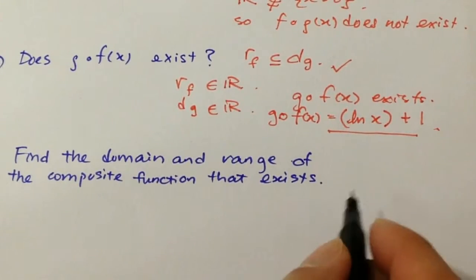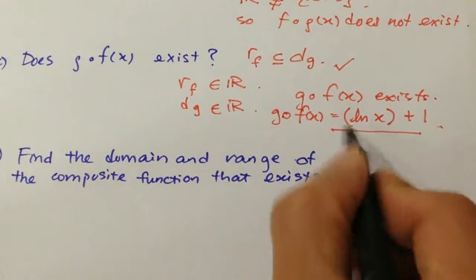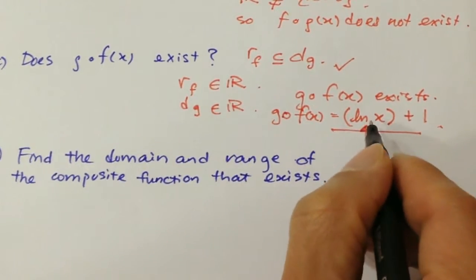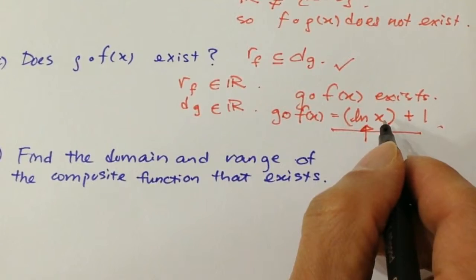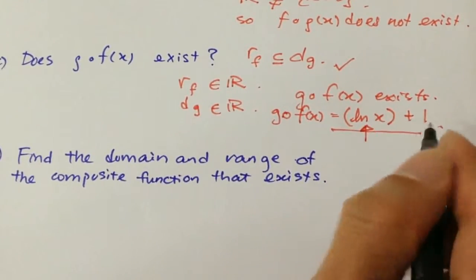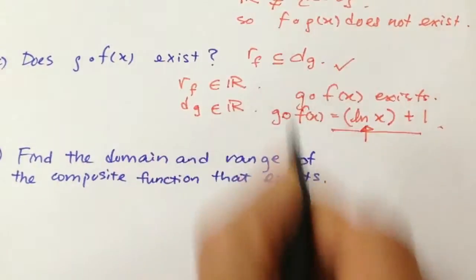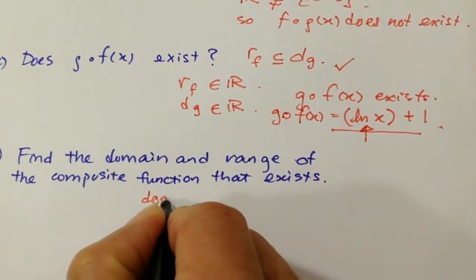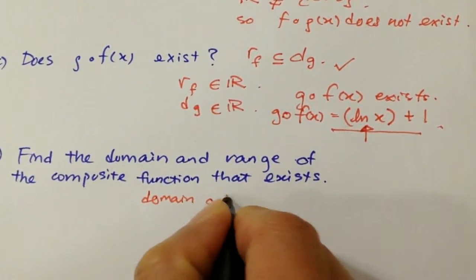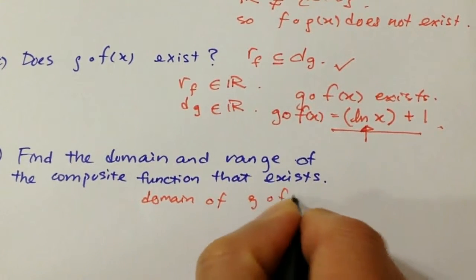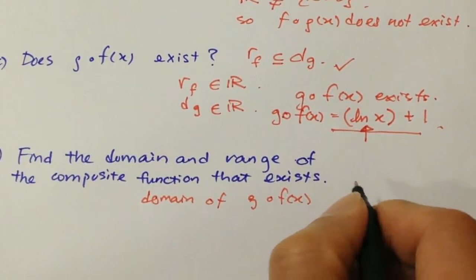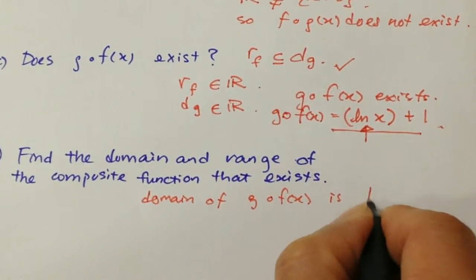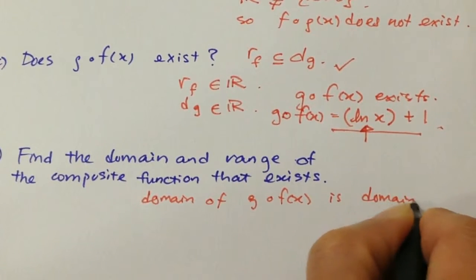Well, the domain here is really controlled by the input to ln x. All right, what is the input to ln x? Well, in this case, it's just x greater than 0. So the domain of g of f of x is the domain of f.